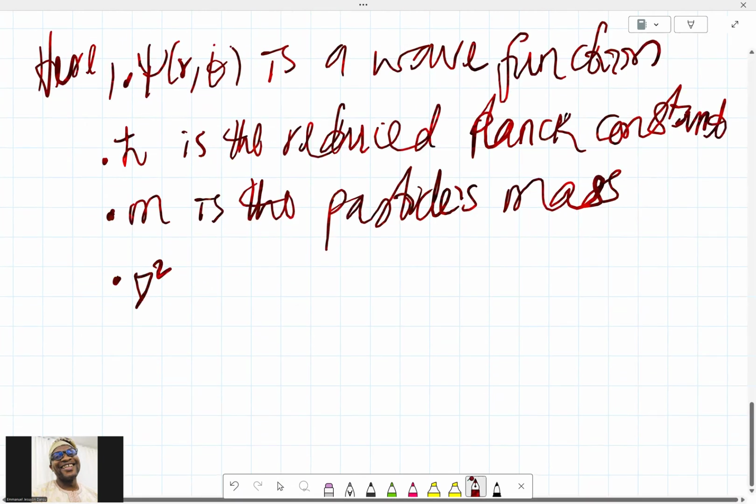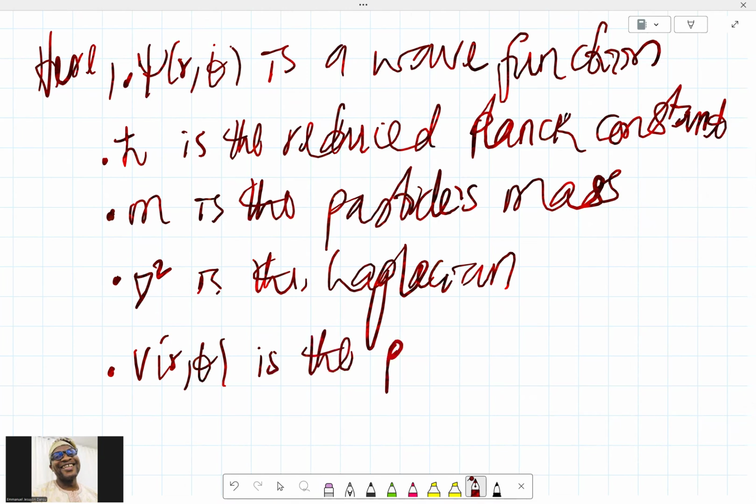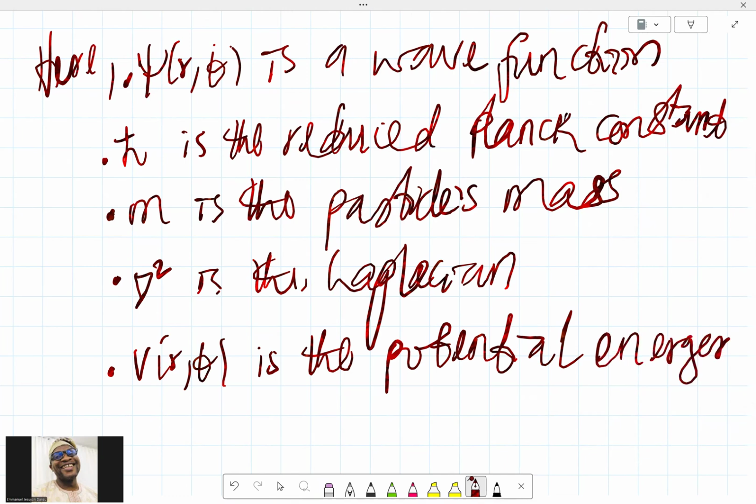Grad squared is the Laplacian. Then V of r comma t is the potential energy.